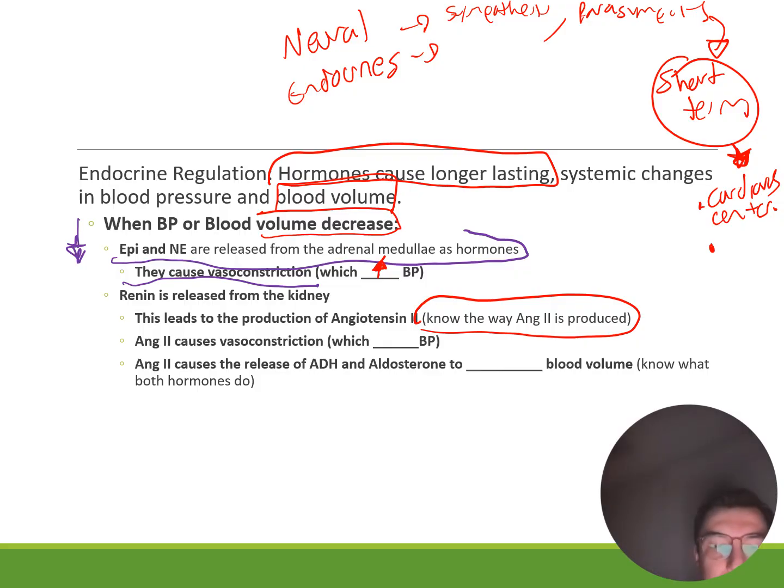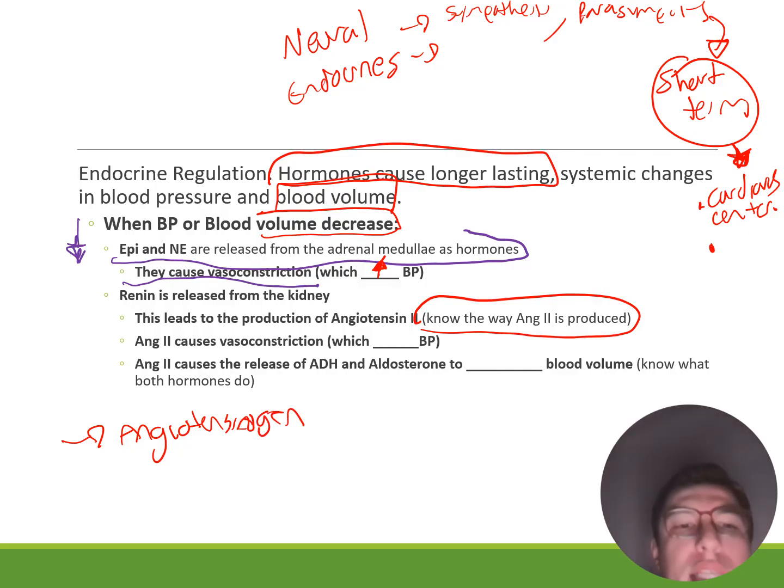So that brings us to the next portion, and that is how do we produce angiotensin 2. Angiotensin 2 is created because we have our liver, and our liver is producing angiotensinogen. So angiotensinogen is free flowing in circulation, is produced by your liver, and is waiting to be activated.